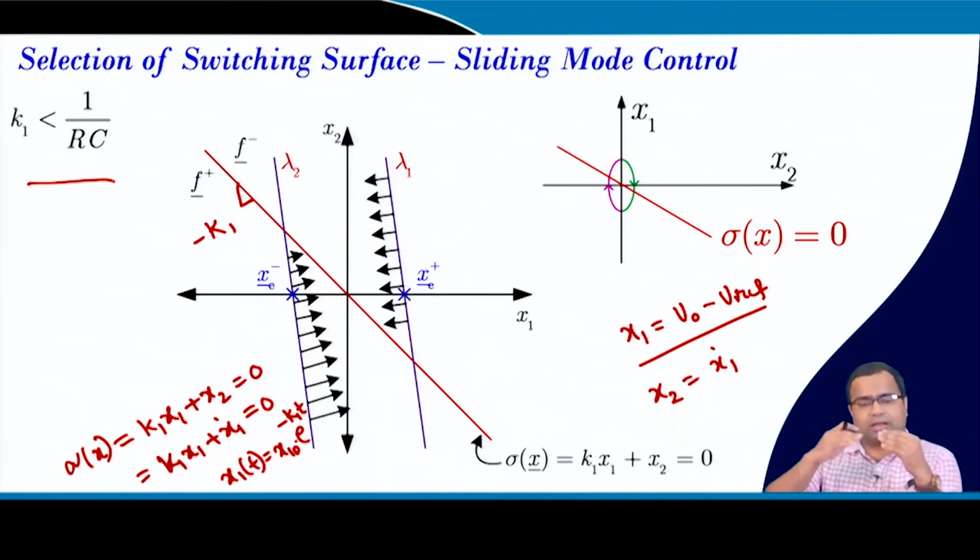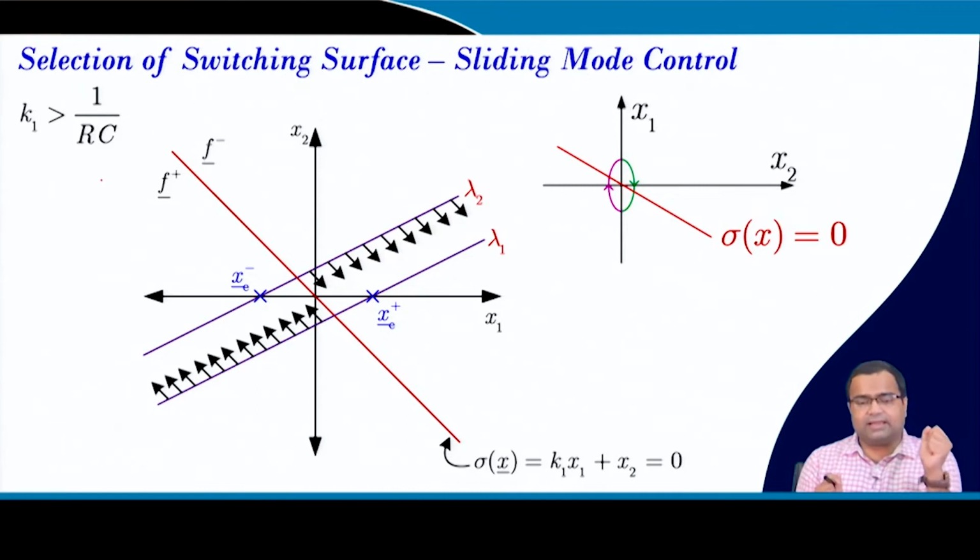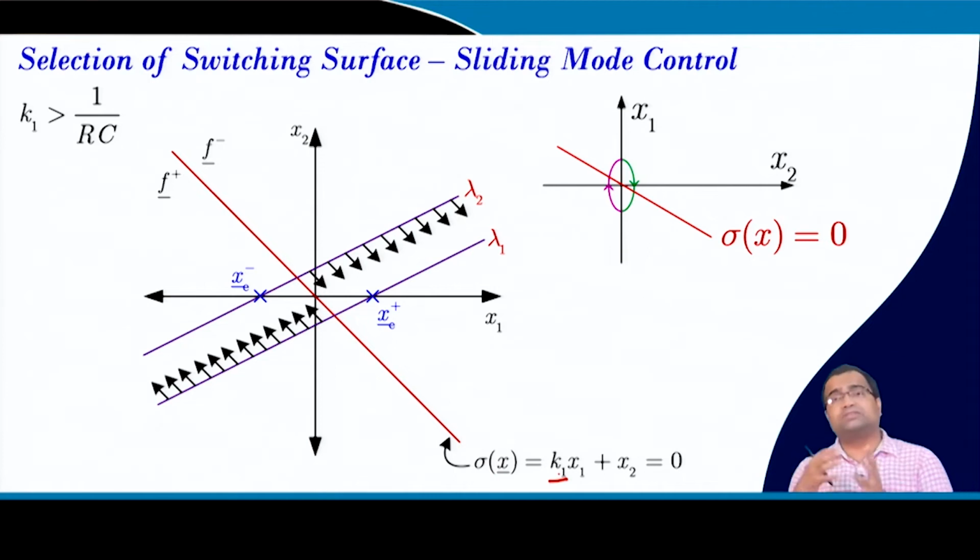So, it will have a kind of overdamped response for smaller k. If we increase k, then we have also seen that this will lead to some overshoot, undershoot and then sliding motion. Okay. So, now our question is how to select this k1, and by selecting k1 can we achieve something close to time optimal or not.